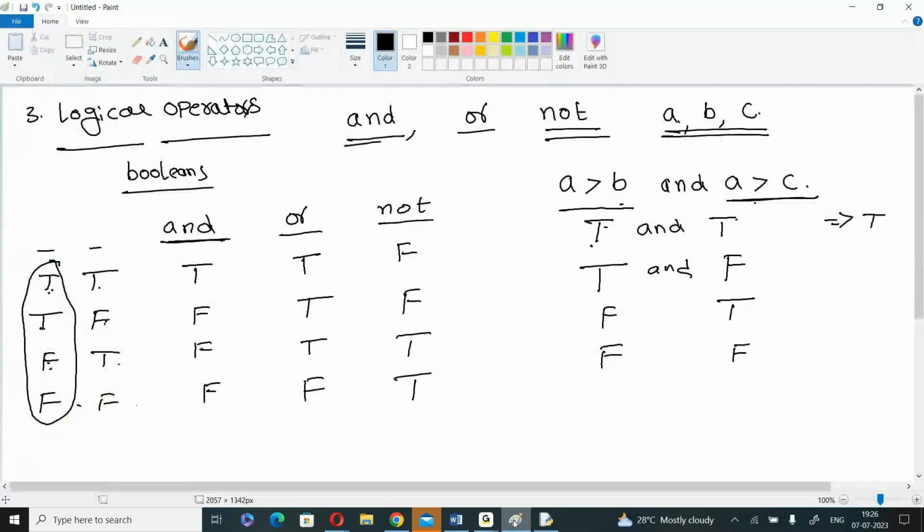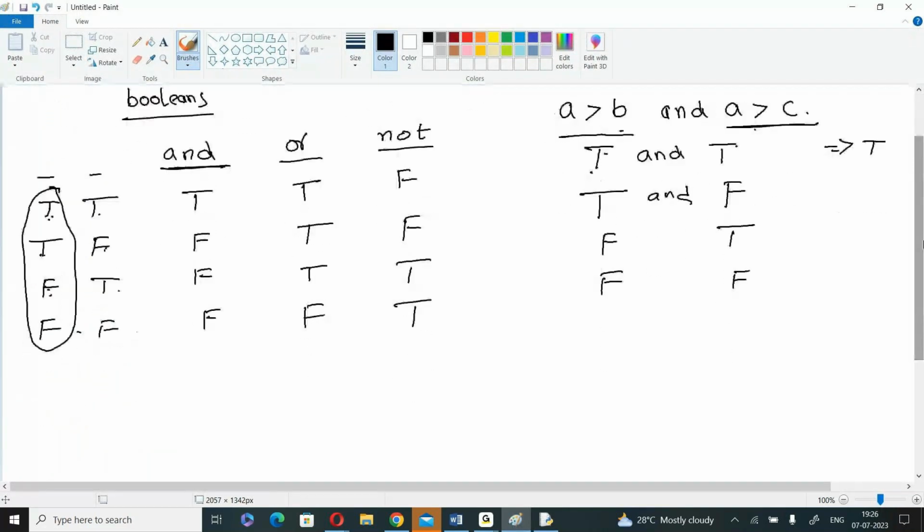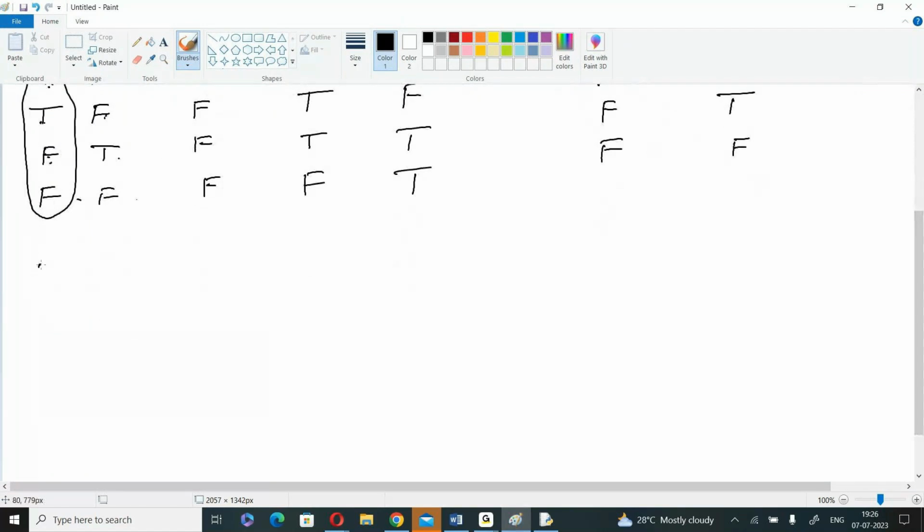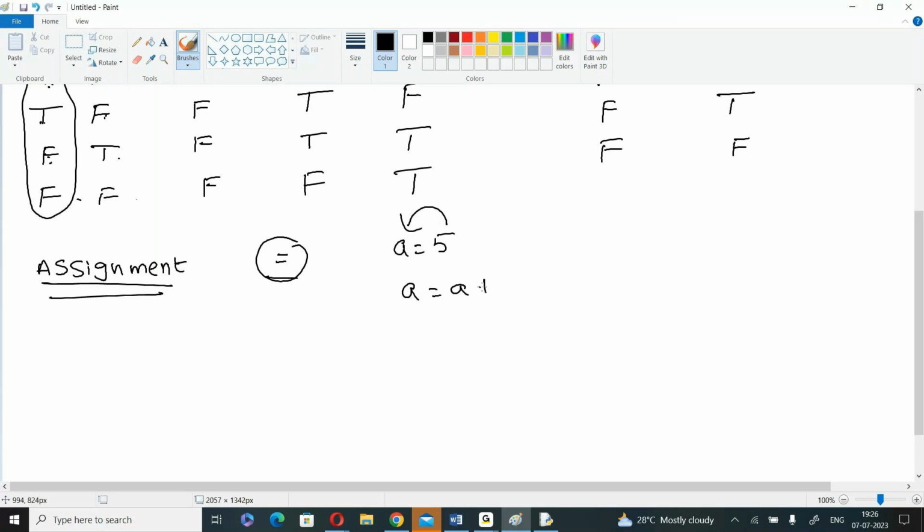Now, the next one is a simple one: the assignment operator. We already know it; up to now we are using this one only. Equal to means assignment operator. A is equal to 5: simply 5 is assigned to A. Suppose A is equal to A plus 1. That means first the right side is evaluated.